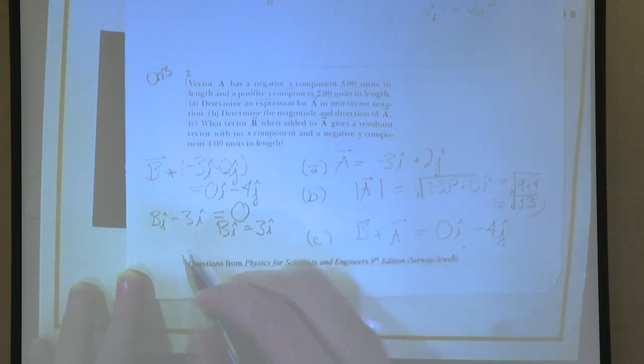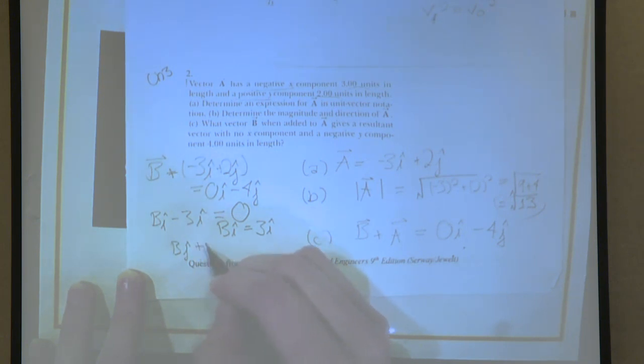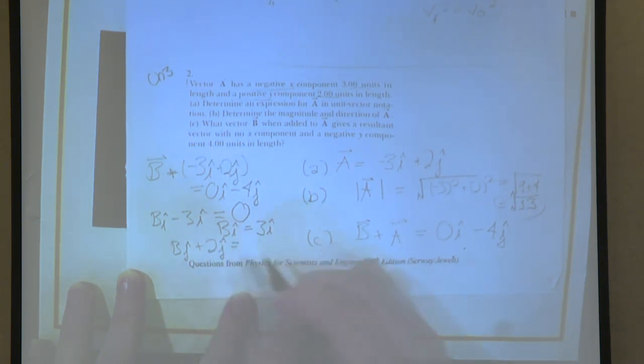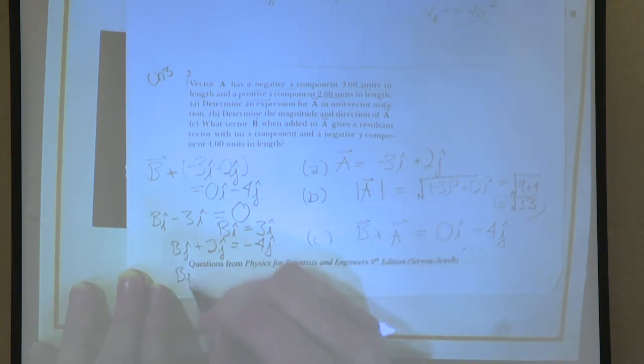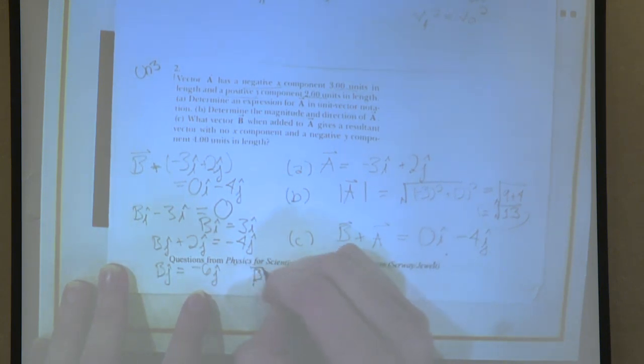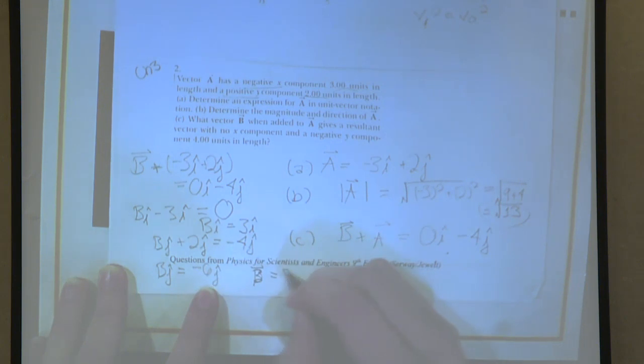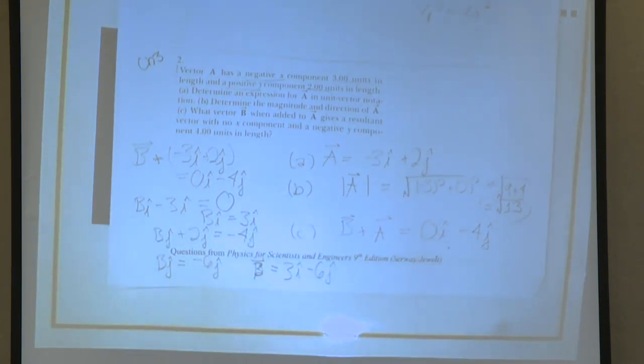Then for the j components, the Bj component plus 2j equals negative 4j, so the Bj component is going to be negative 6. When you put that together into vector form, you have 3i minus 6j. Everyone can see that? Sorry if it's a little crammed at the bottom.